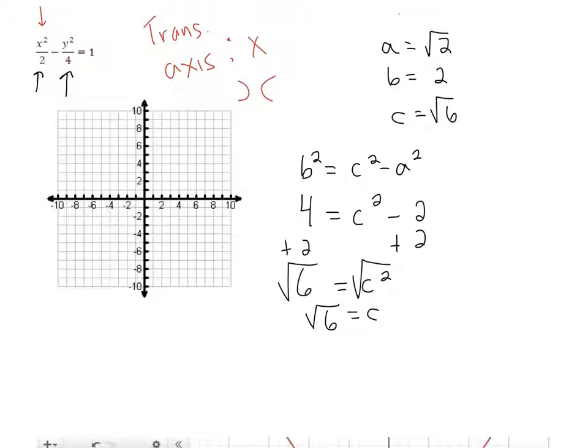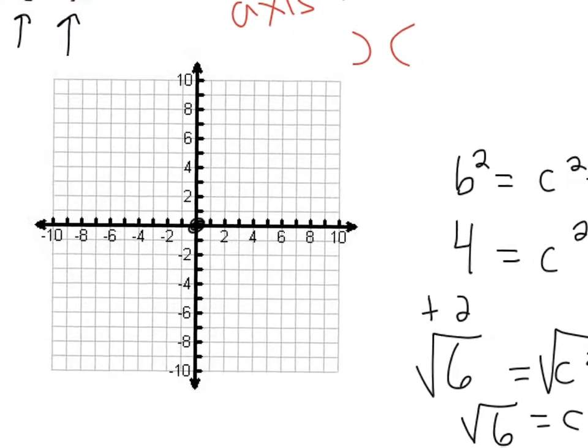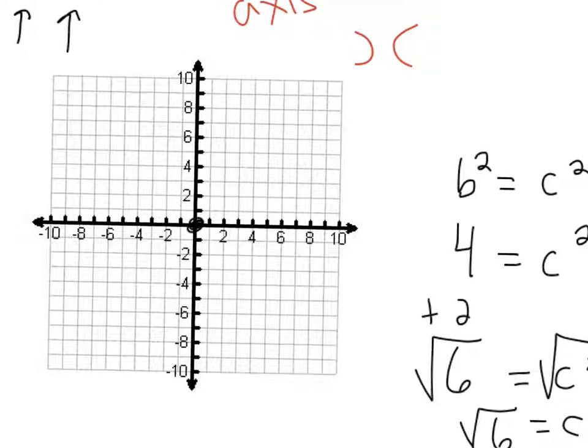Again, our center is at 0, 0 because there are no shifts. So I'll put my center at the origin. Now the distance to my vertices is square root of 2, which is about 1.41. So it's somewhere, if I zoom in a little closer, between 1 and 2.